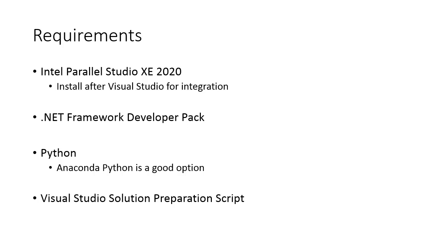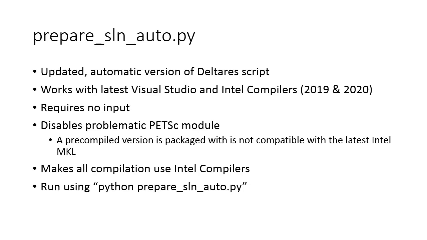GitHub. That script is called prepare_sln_auto.py, and it's an updated automatic version of the Deltares script, which is called prepare_sln.py, that you'll find in the src, the source directory of the source code, and it's modified to work with the latest Visual Studio and Intel compilers.